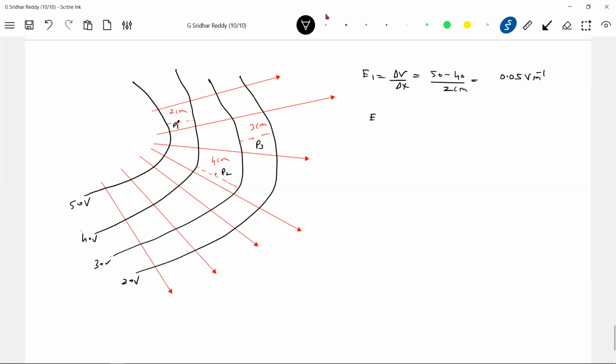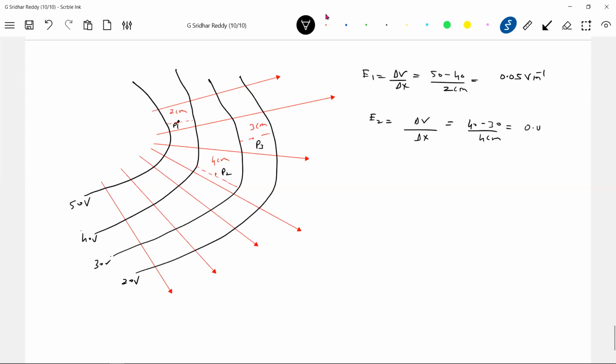Similarly, what about the average electric field at point 2? Point 2 will be 40 minus 30 by the separation. What is the separation? 4 centimeter. So this will become 40 minus 30 by 4 centimeter. 10 by 4, 5 by 2, 2.5.